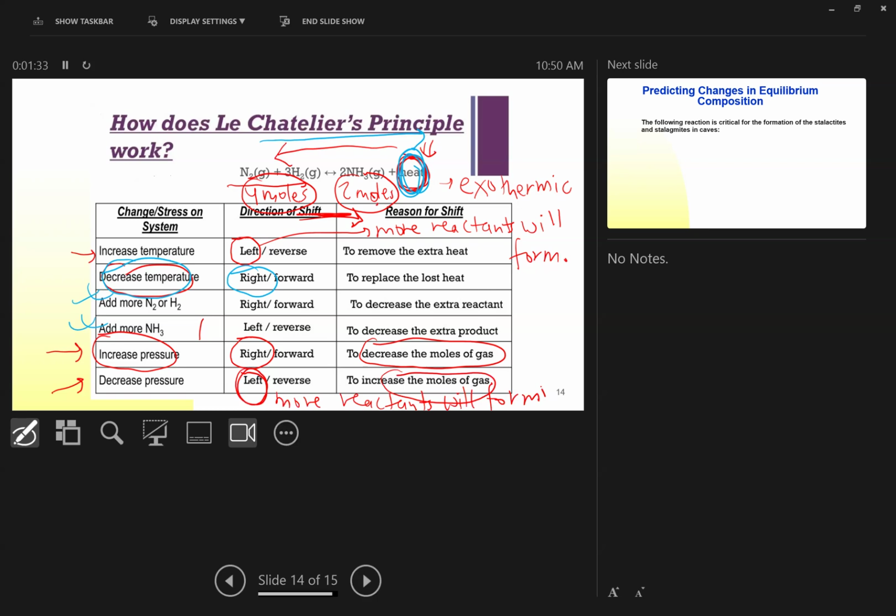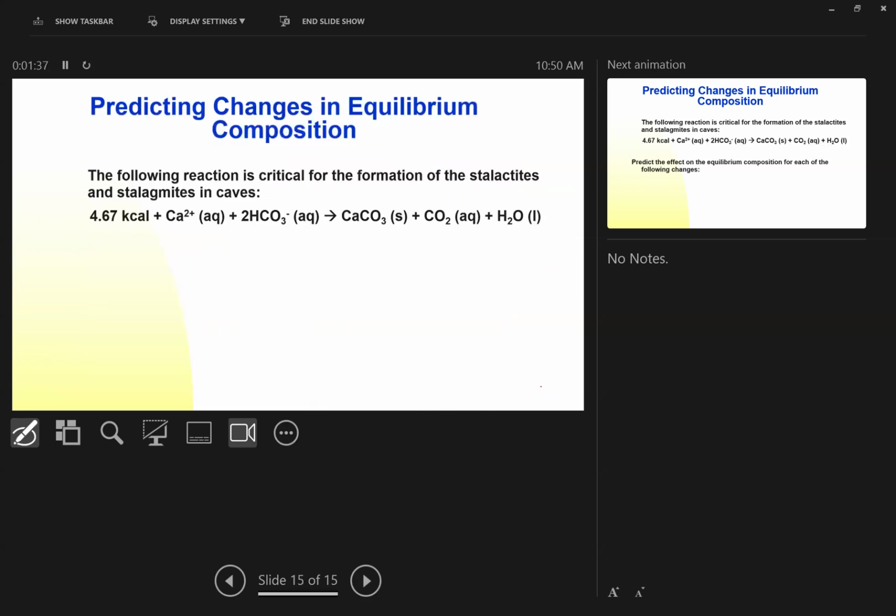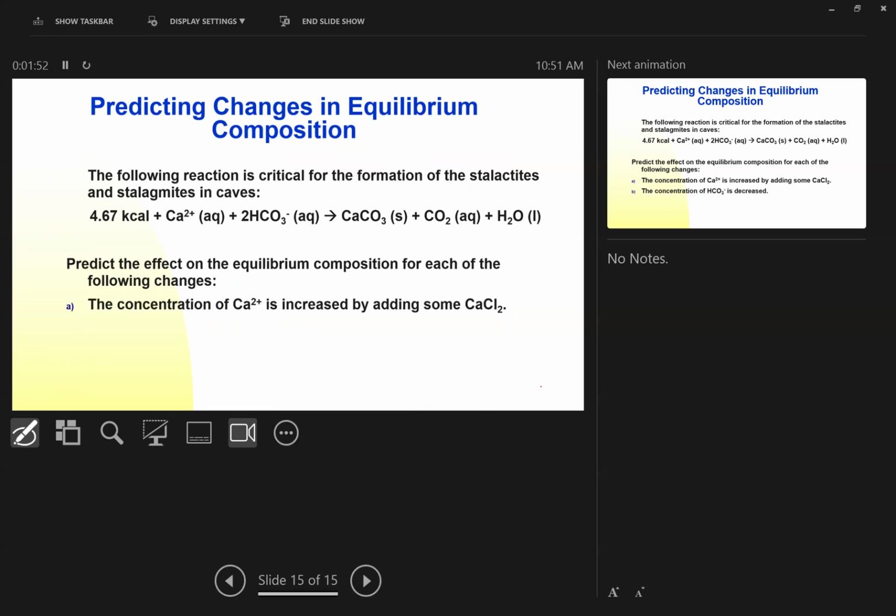Now, one thing that I do want to add is a problem that should answer the question. We're looking at this reaction directly taken from Denniston's textbook, and we're going to predict the effect of different stresses. For example, what happens if you increase the concentration?